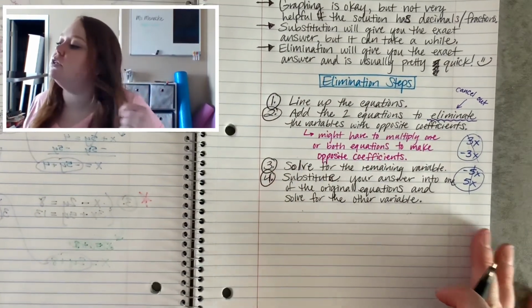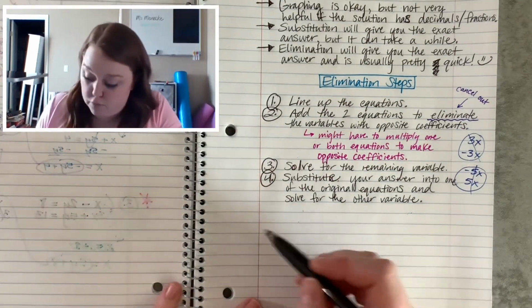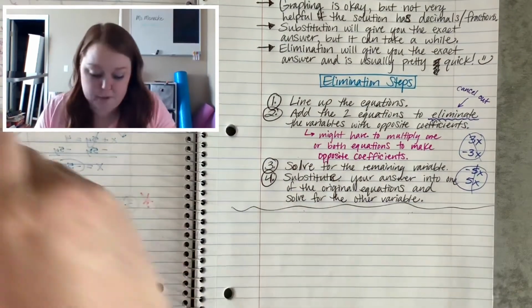Substitute your answer into one of the original equations and solve for the unknown variable. Okay, those are your steps.